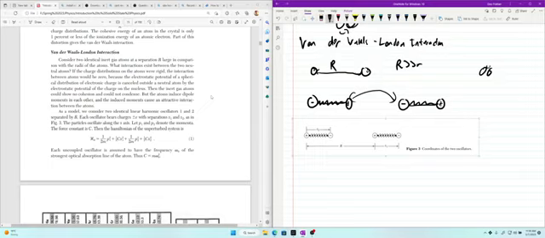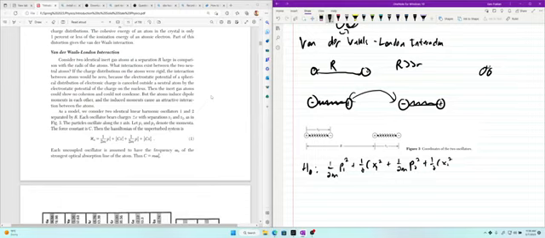So we can write the Hamiltonian for the system, which is 1 over 2m p1 squared plus 1/2 C, the force constant, x1 squared, plus 1 over 2m p2 squared plus the force constant again, x2 squared. Okay, we have our kx squared over there.